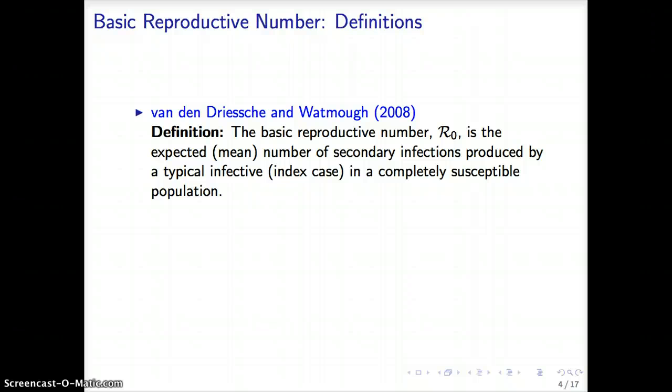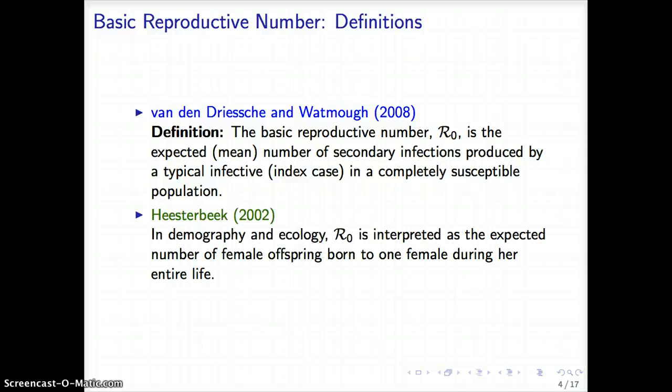Sometimes this infective who starts the outbreak or the epidemic is referred to as the index case. You may find these exact words. This is a quote from a paper by Van den Driessche and Watmough from 2008, and another paper by Heesterbeek.